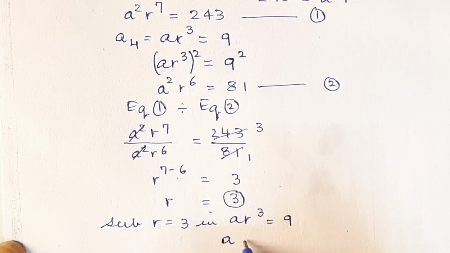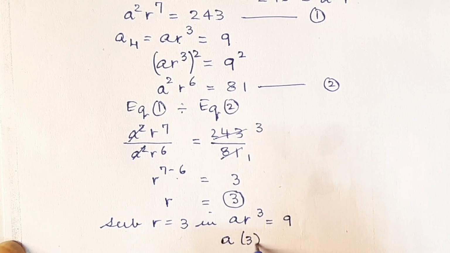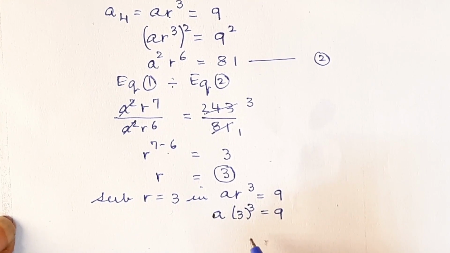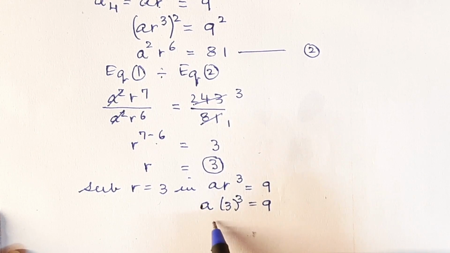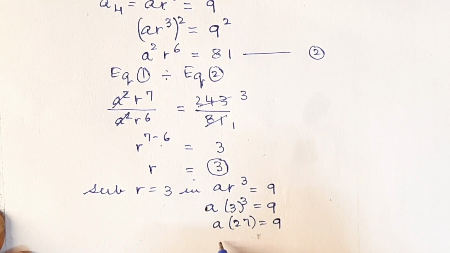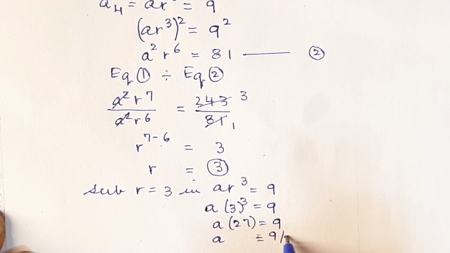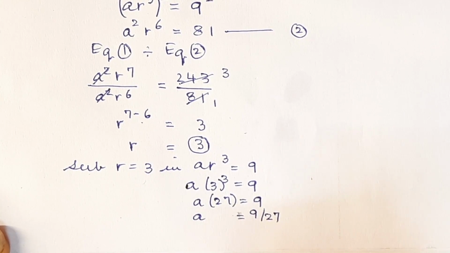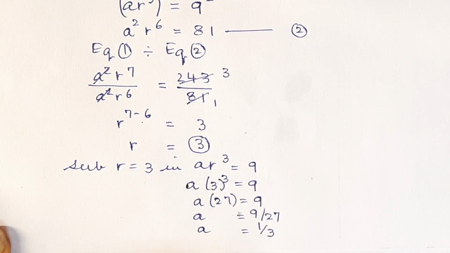So we will have A into 3 cube is equal to 9. And so that will give us A into 27 is equal to 9. And so we'll have A is equal to 9 upon 27. And that would give us A equal to 1 upon 3.